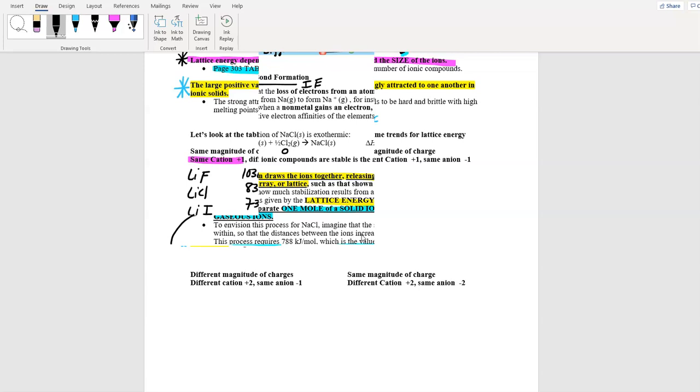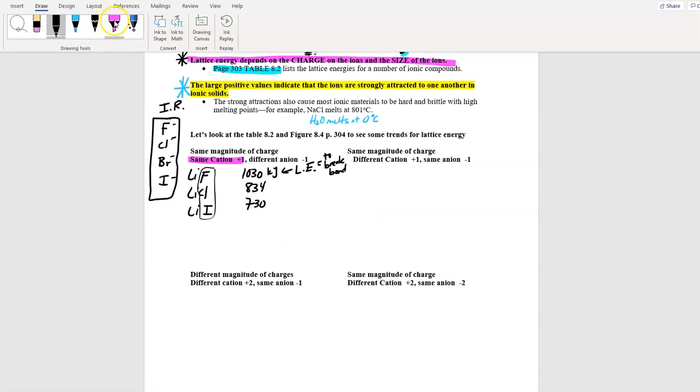But what is the size? What's that trend as you go down the group? Well, as you go down the group, doesn't the ion get bigger? So the ions down here are bigger ions, and fluorine has very small ions.